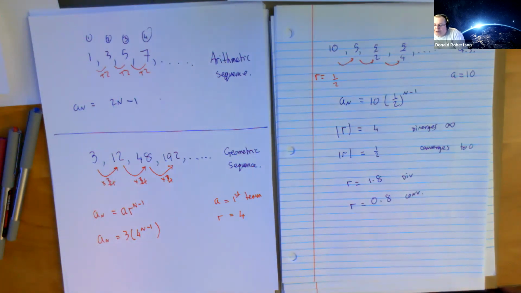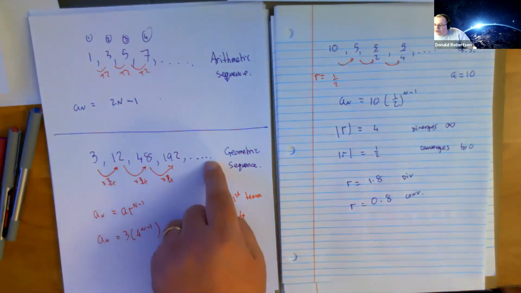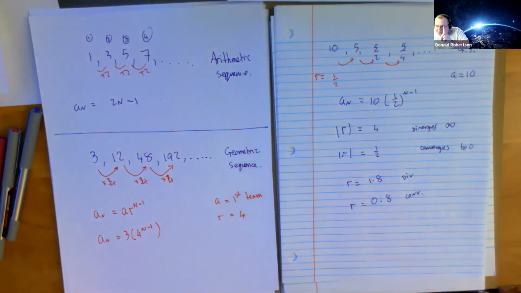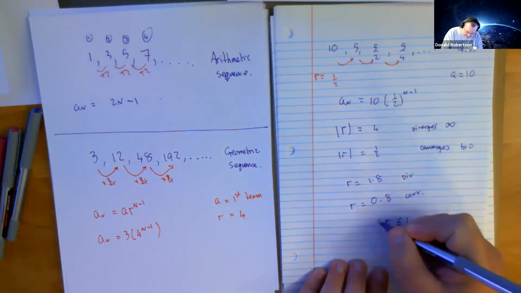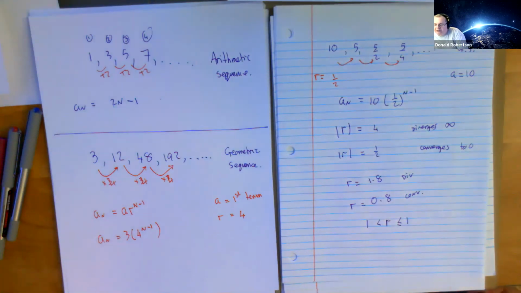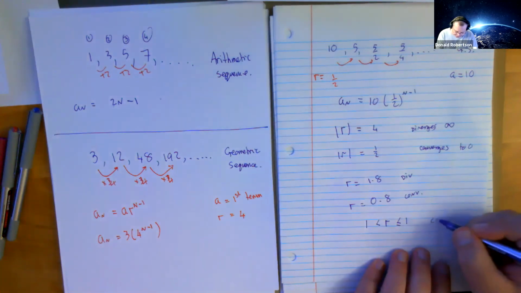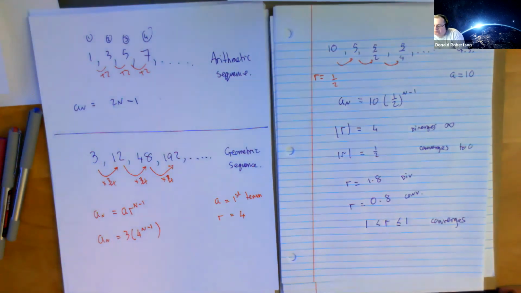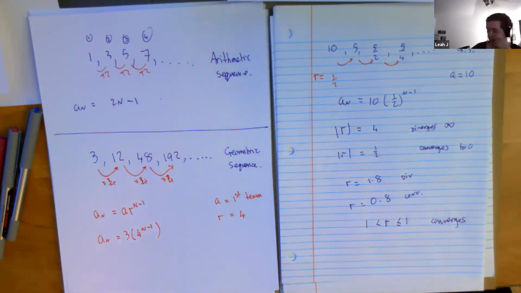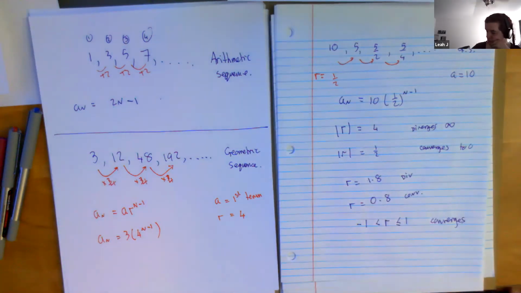Where do you think the boundary point between the r values is, where geometric sequences converge or diverge? 1. Right. And here are the places where convergence happens. If r is any number between -1 and 1.